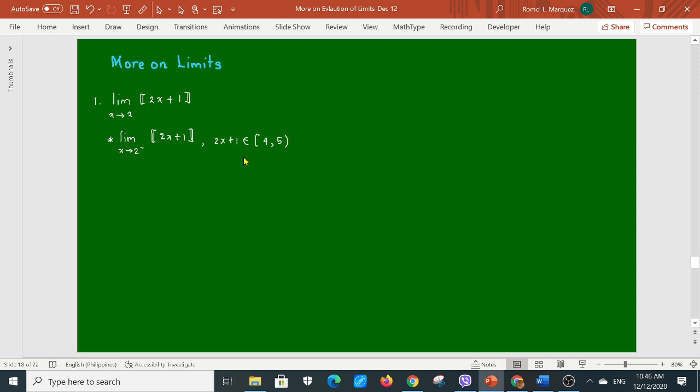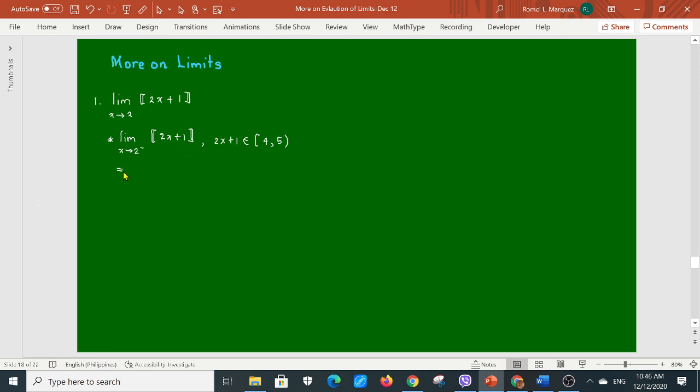Okay, so as you see, if I assign a value to x that is close to 2 but to the left, which is 1.9, 2 times 1.9, then plus 1, I get something like 4.8. So it means close to 2 from the left, 2x plus 1 is always between 4 and 5. If it is less than 5 but greater than or equal to 4, it is simply 4.